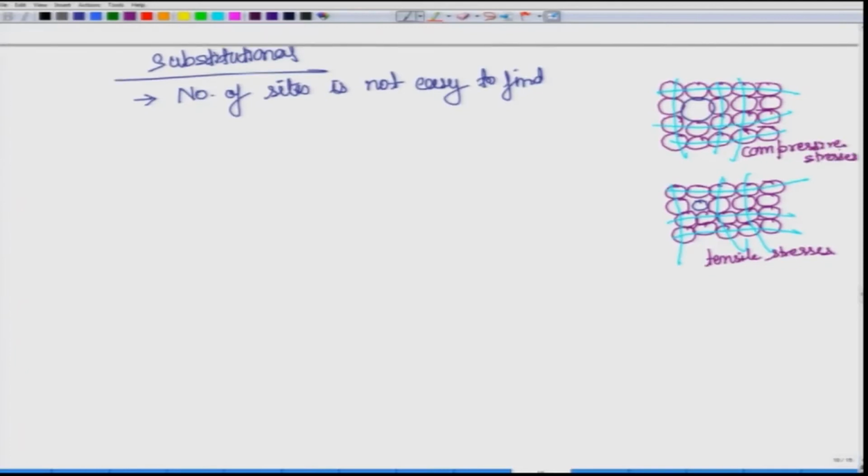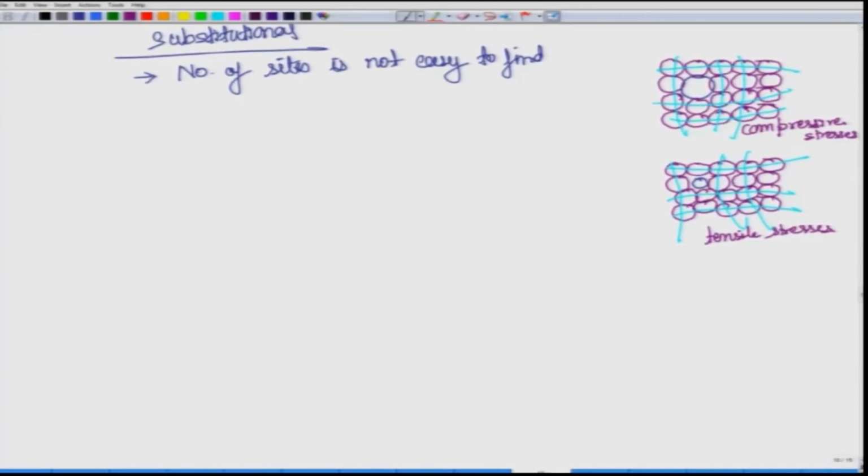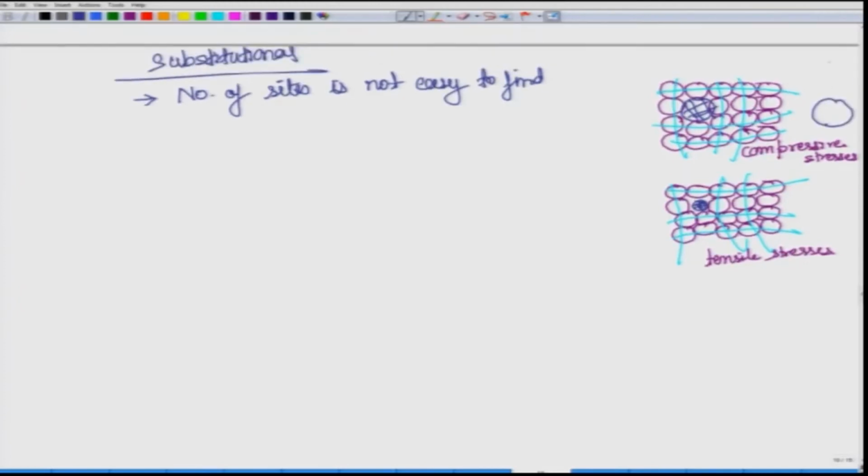Stress is one thing, the other thing that we need to look at is how these atoms find a site. Now, this is one of the substitutional atoms. Let us say there is still another atom on the edge which wants to move inside the system, or over here.